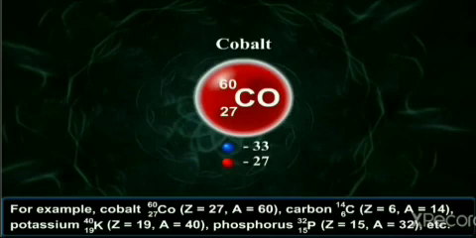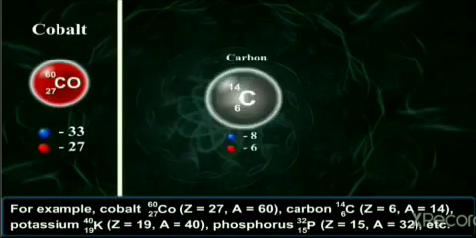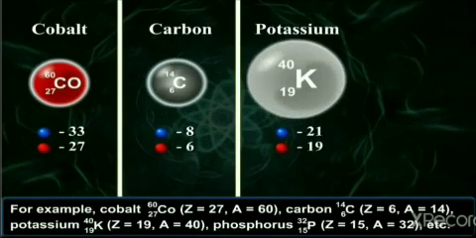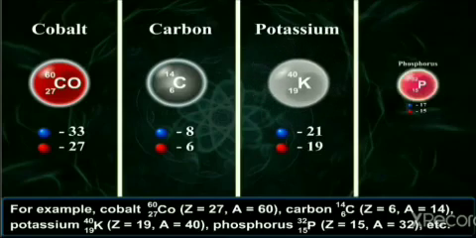Co-60-27, Z is equal to 27, A is equal to 60. Carbon, C-14-6, Z is equal to 6, A is equal to 14. Potassium, K-40-19, Z is equal to 19, A is equal to 40.